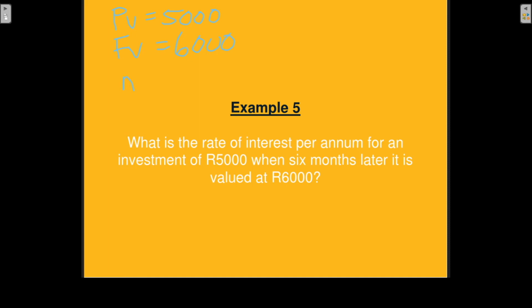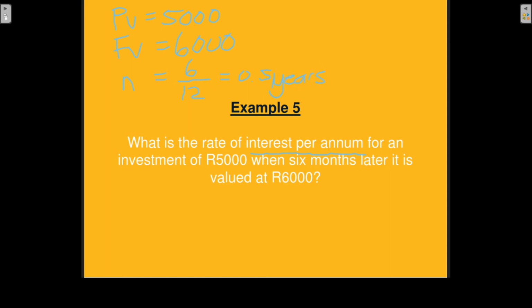Our n is 6 months, but we want to find the interest per annum. So we have to convert these 6 months into years, and 6 months is equal to half a year. We can get that by just taking the 6 months divided by 12 to give us 0.5 years.